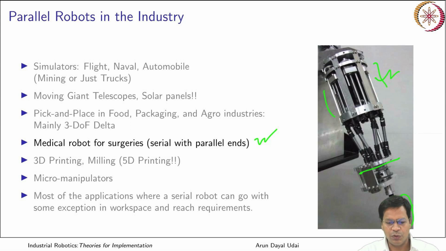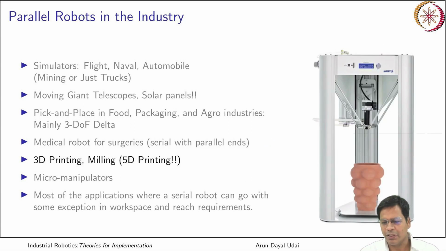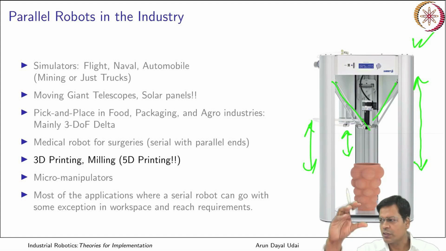Again, it is used for 3D printing. This is one of the most popular variants of 3D printer, in which you have all the 3 linear actuators which are mounted like this. These are the links that simultaneously go up and down while it builds up this object in 3D.